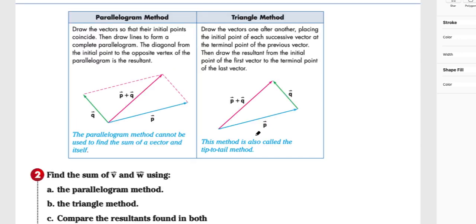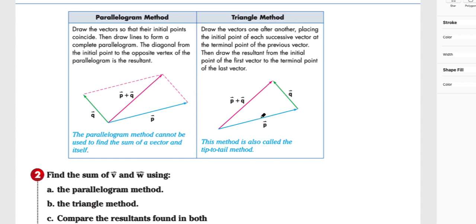We have two different methods when thinking about adding vectors: the parallelogram method and the triangle method. Here you could see we have the component parts Q and P and we're adding them together. With the parallelogram method, we would place their beginning points at the same point and then create a parallelogram, and the diagonal would be the sum of the two vectors.